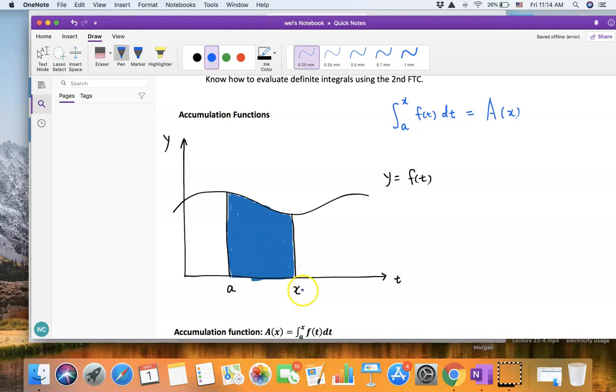In this case, if we increase x, then of course the function value will increase as well. Why? Because when we increase x, we get more area bounded, right? So that's why the value of the function will increase.